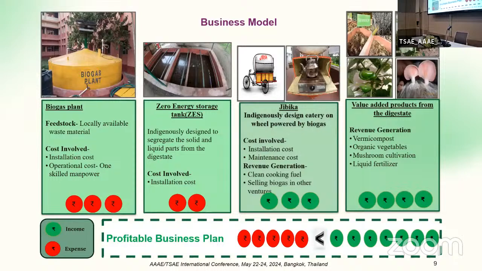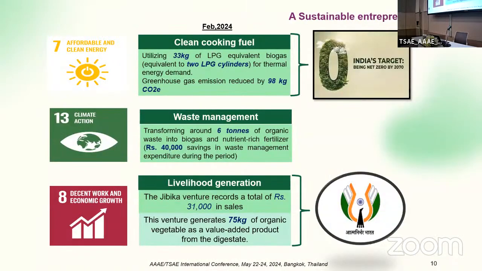Ideally, the users should understand that total expenditure should be less than the revenue. Everything should be accounted. If accounting is done properly, it's a viable business. Mostly accounting is not done. One issue is that it is considered under a subsidized scheme, owned by government entities and not the individual, so ownership is an issue.